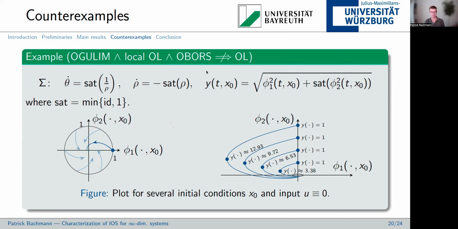And therefore, we have to find new notions. The idea behind it is that for output-Lagrange stability, we bound the output in terms of the initial output. Even when we have a local output-Lagrange stability, this is not enough, because this is a property that bounds the output in terms of the input, and also this property bounds the output in terms of the initial state.